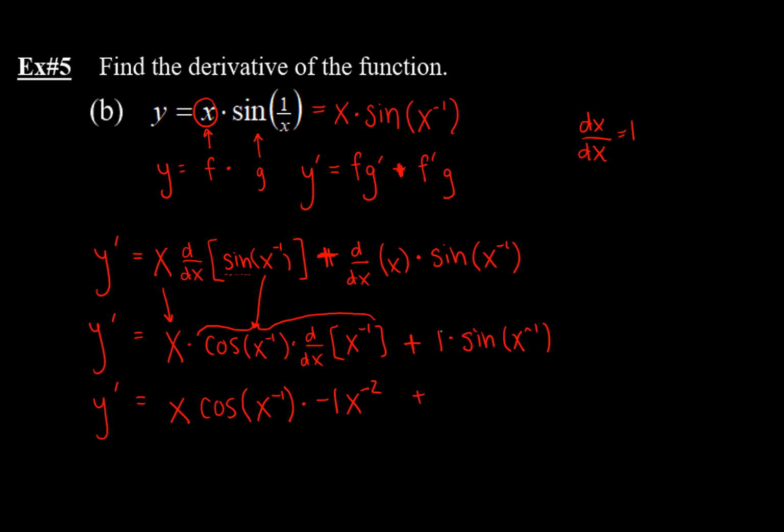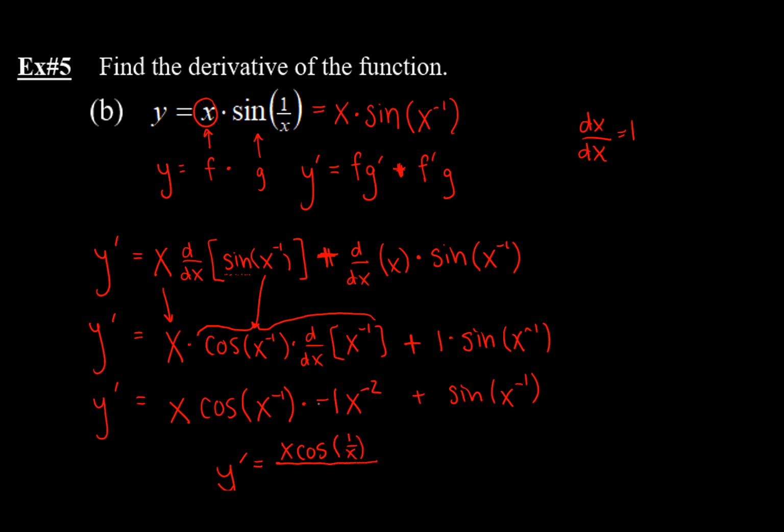Now I'm moving on to the plus. 1 times sine is just going to give me sine. And then pretty much at this point, I'm done. I'm just going to rewrite things. So y prime is going to give me, I'm going to write down the stuff I have. So x cosine of 1 over x.